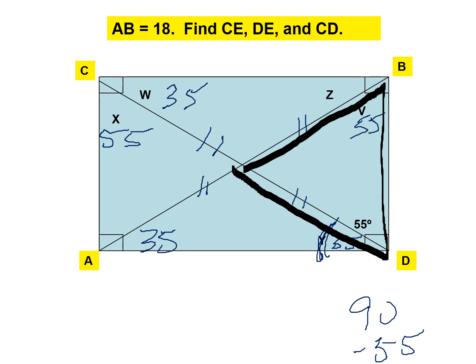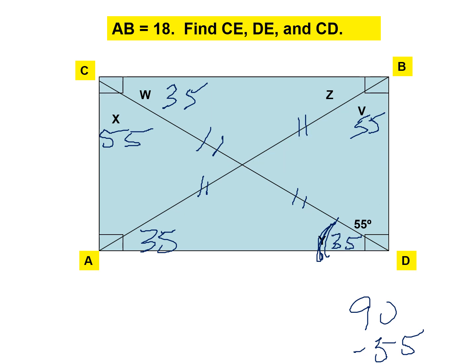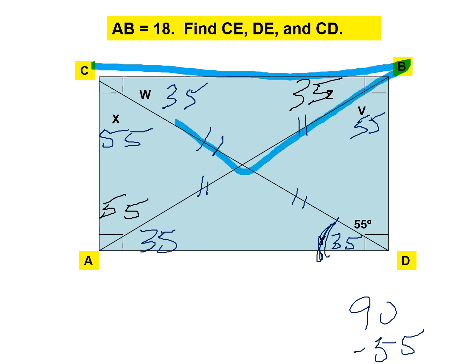And the alternate interiors, the opposites match, but they flip. 55 here, 35 here. Now look at each one of your triangles. When I look here, I see the matching angles. When I look here, I see the matching angles. So, something easy to remember.